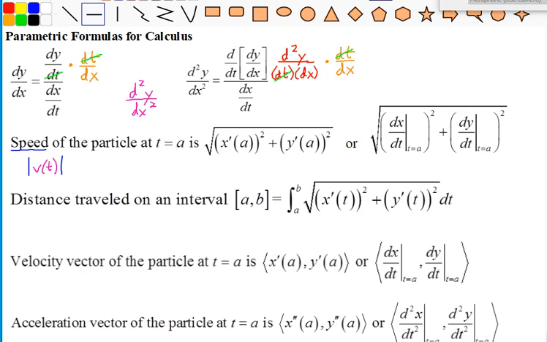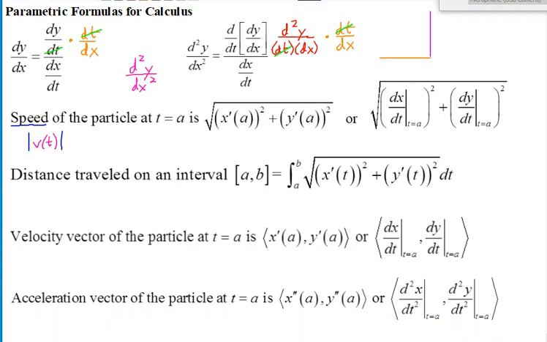So let's say dy/dt represents the vertical velocity. So let's say it was moving up, and dx/dt is the horizontal velocity, moving left or right, moving right. So if the particle, this is the horizontal component of velocity, dx/dt, and this is the vertical component of velocity, which is dy/dt.